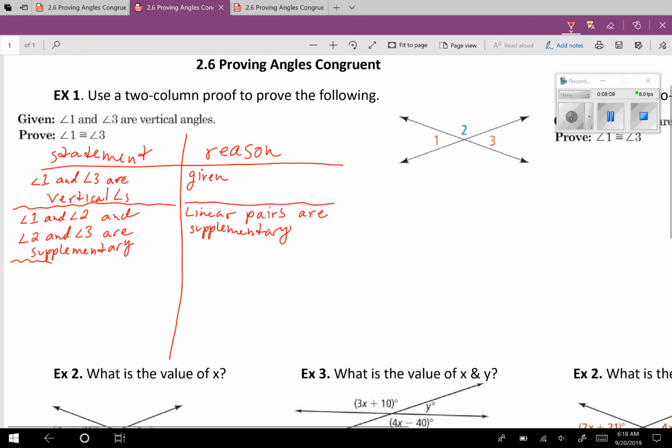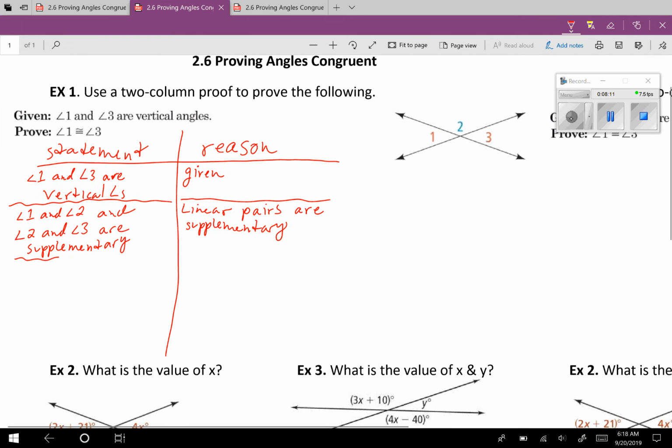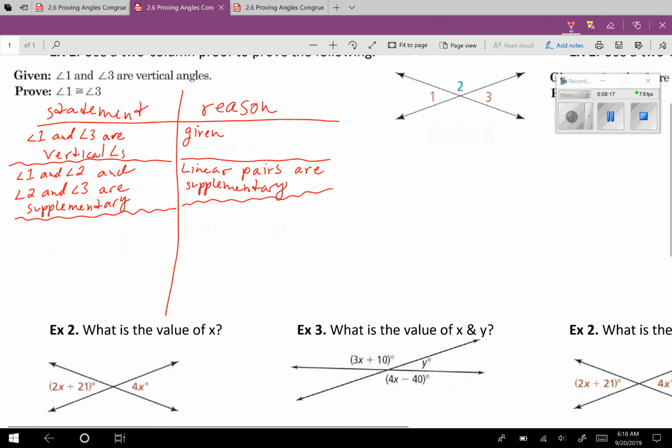Okay, and then the next one will say the measure of angle 1 plus the measure of angle 2 equals 180, and the measure of angle 2 plus the measure of angle 3 equals 180.